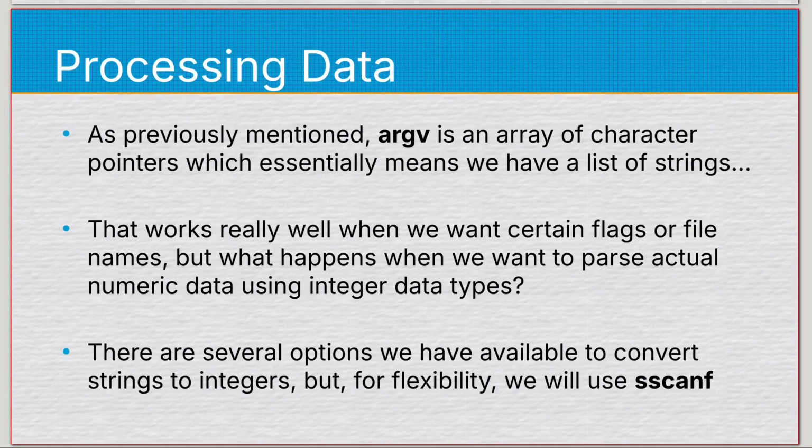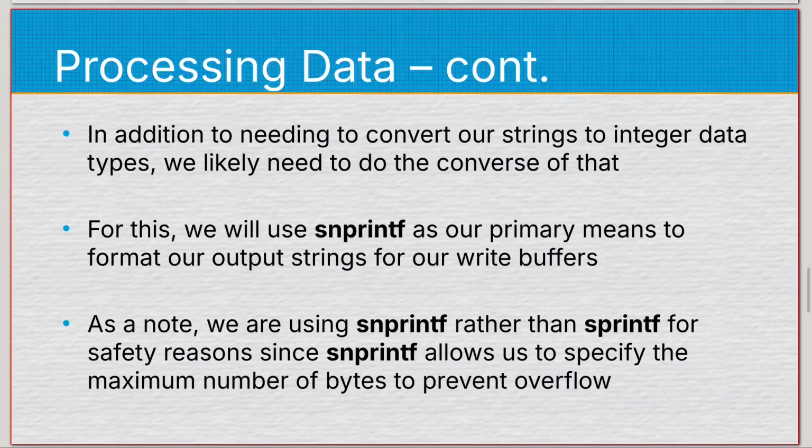So what we use instead is this sscanf. You might say, hey, we already said that we're not using scanf. No, we're not using scanf. That reads from the user. This does not do that. It has a very similar name, but it is going to allow us to essentially manipulate some data and repurpose a few things. So we'll get to that in a second.